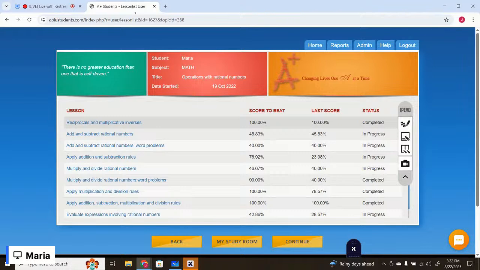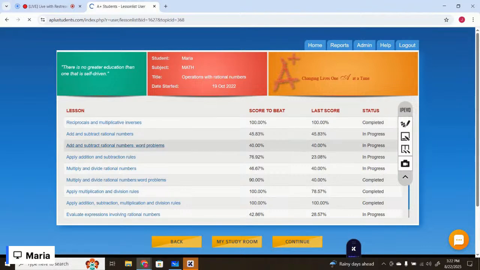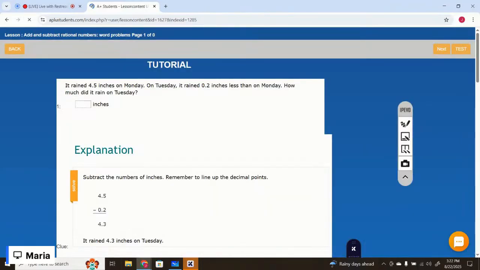Add and subtract rational number word problems. It rained 4.5 inches on Monday. On Tuesday, it rained 0.2 inches less than on Monday.